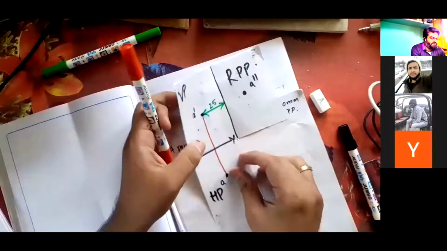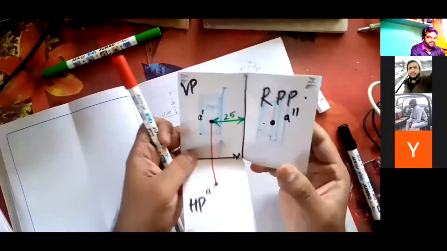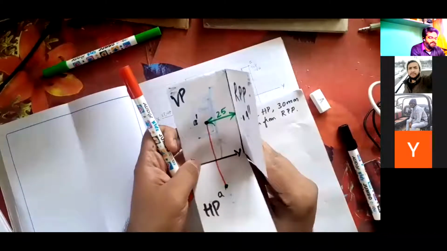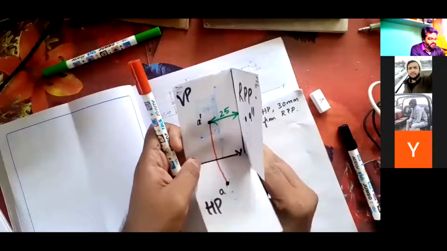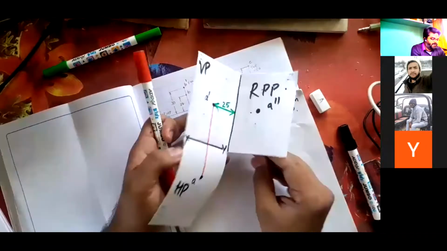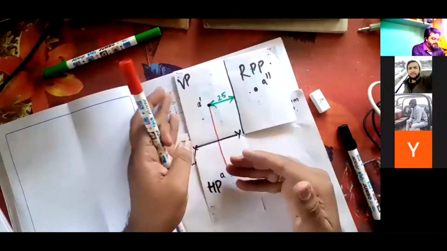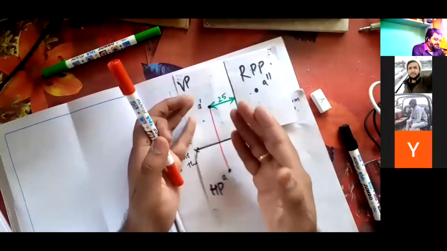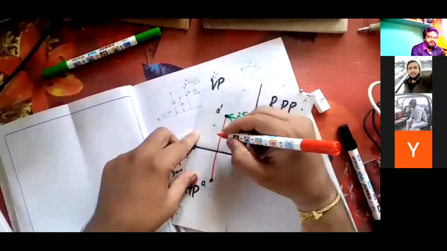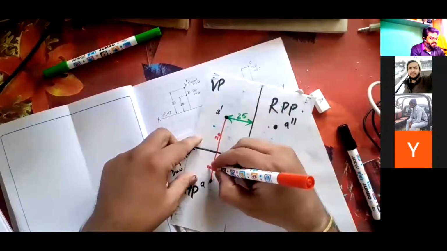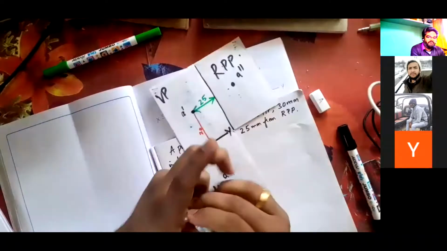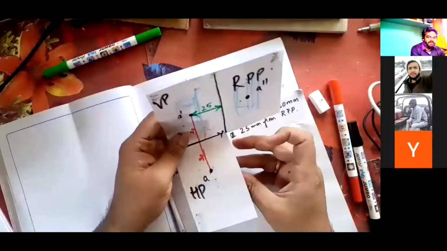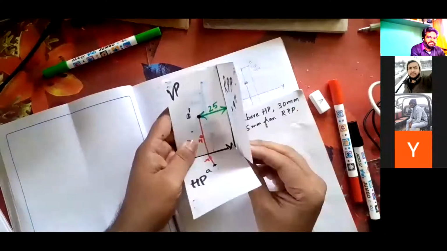So that is what from RPP means. It looks just like a side plane. From RPP, you are supposed to draw the point's projection at a distance of 25 mm, and then here 20 and here 30: in front of VP 30 mm and above HP 20 mm. This is what your final three-dimensional figure is.